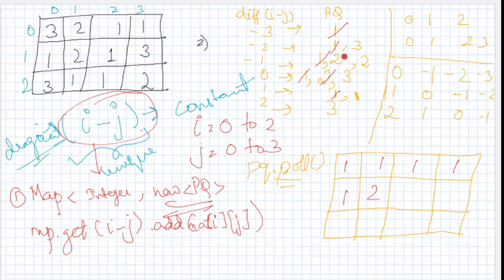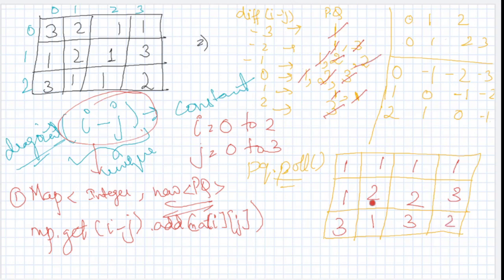Minus 1, it's 2, remove this and write it here. Minus 2, again remove this and write it here. Comes to 2, that's 3, write it here. 1, again that's a 1. 0, again remove it and write it here. And minus 1.